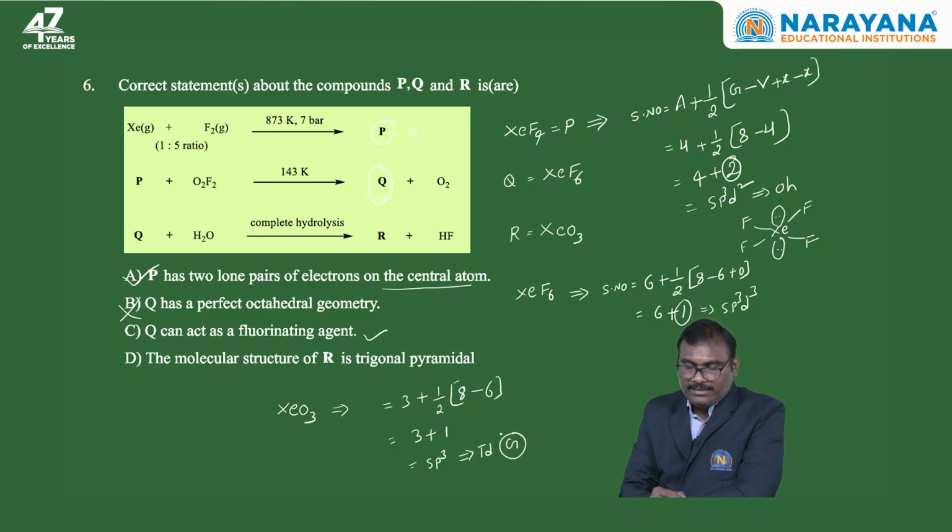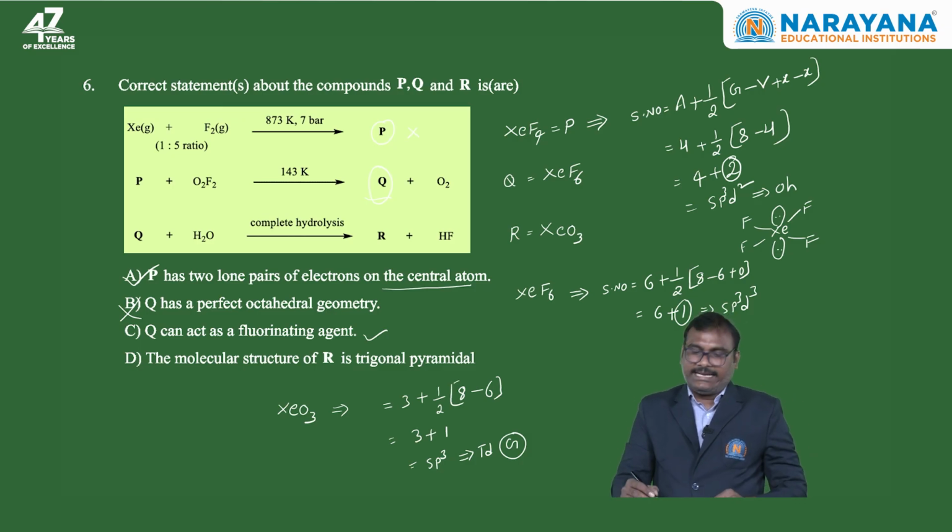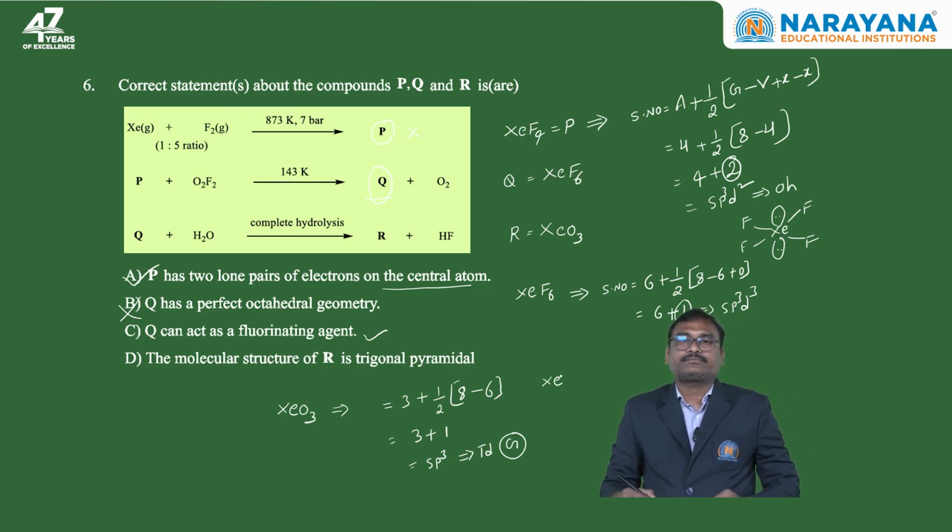Then if you write xenon, they have given one lone pair, and 3 bond pairs, that is oxygen, oxygen, oxygen.